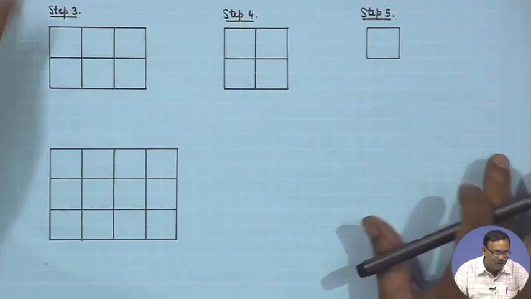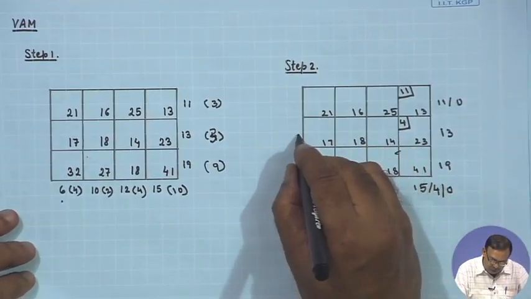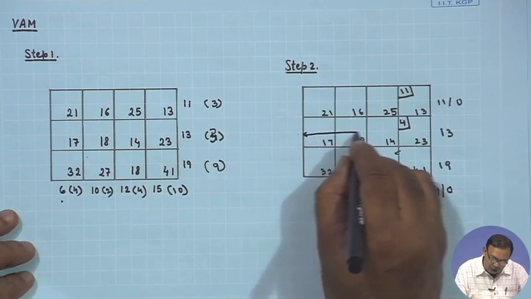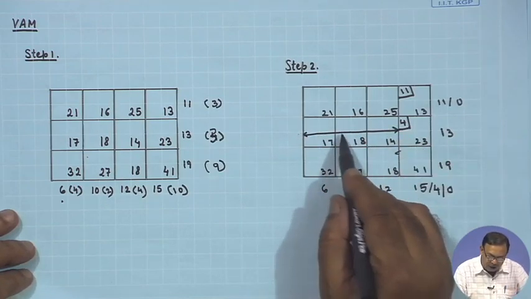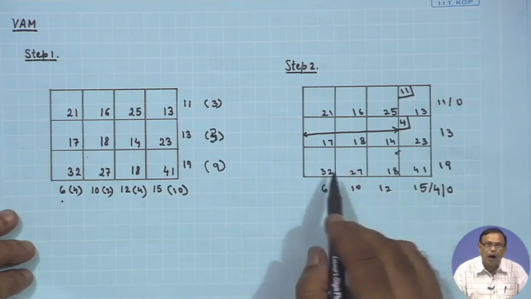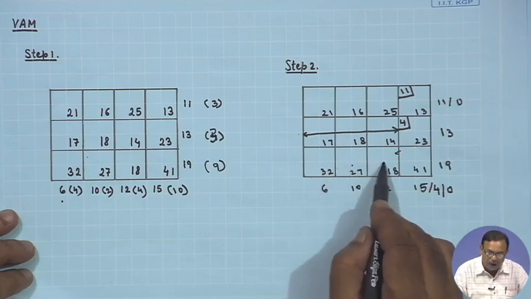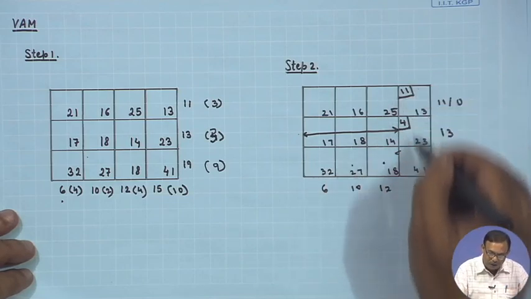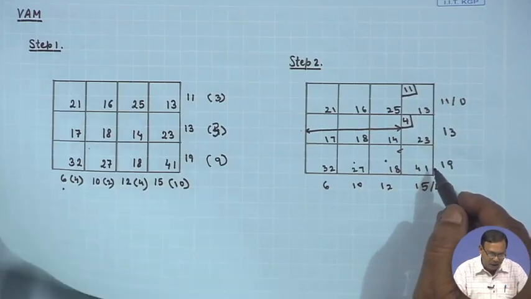In the next table what you are doing here? At first from here you are writing the second row, from here to here, up to this. That is second row and third row you are writing and you will take only first column, second column and third column only. Fourth column already you have allocated entirely.